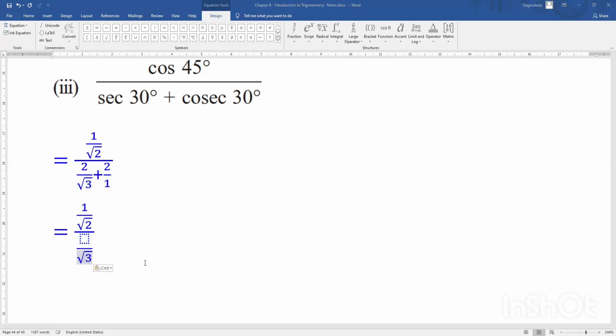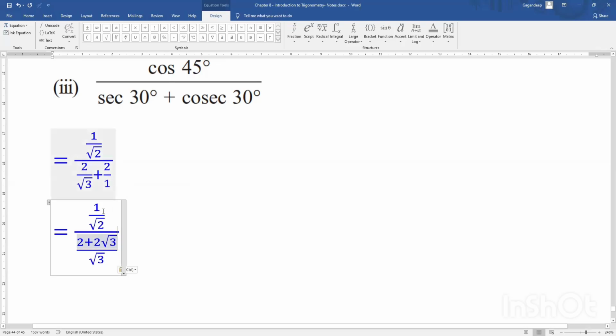And here in the numerator, when you do the cross multiplication, you get 2 plus 2 root 3. So 2 into 1 is 2 and root 3 into 2 is 2 root 3. So I can write it here only.